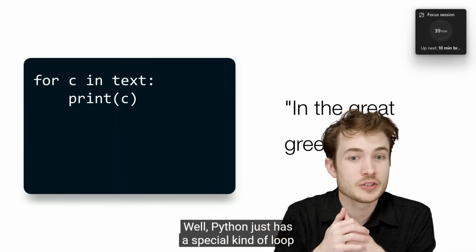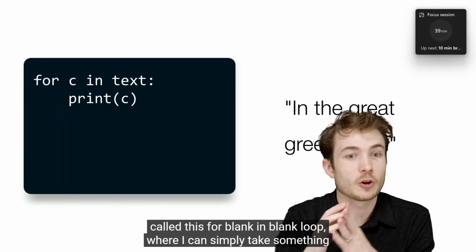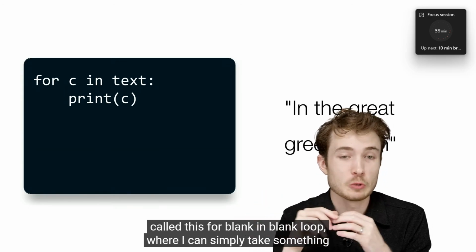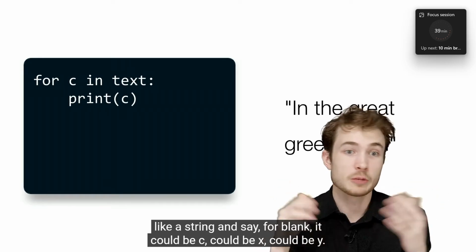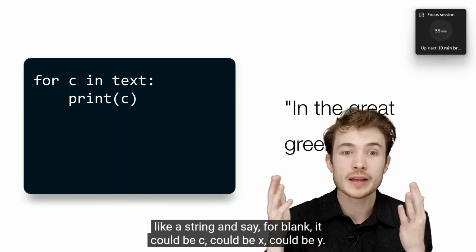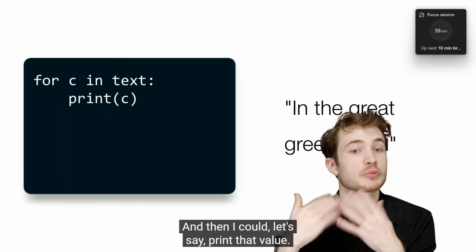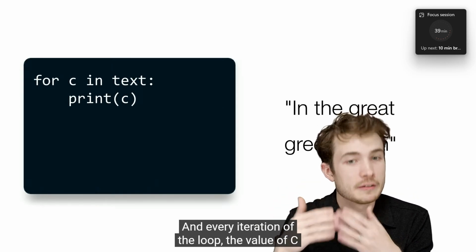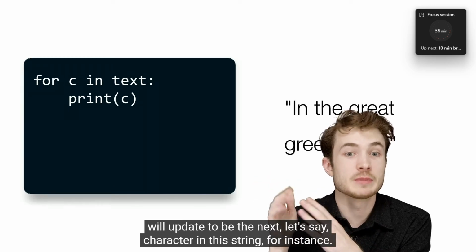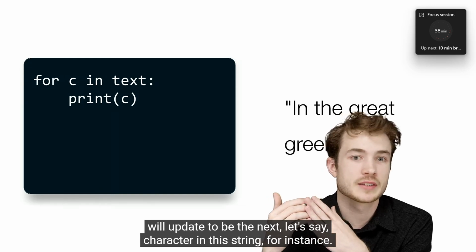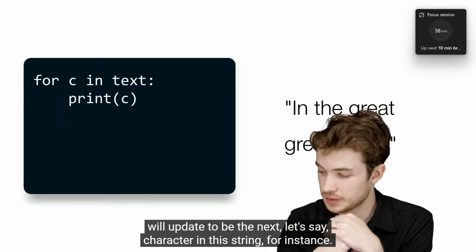Python just has a special kind of loop, the for blank in blank loop, where I can take something like a string and say for c, it could be c, x, or y, and then print that value. Every iteration of the loop, the value of c will update to be the next character in this string.